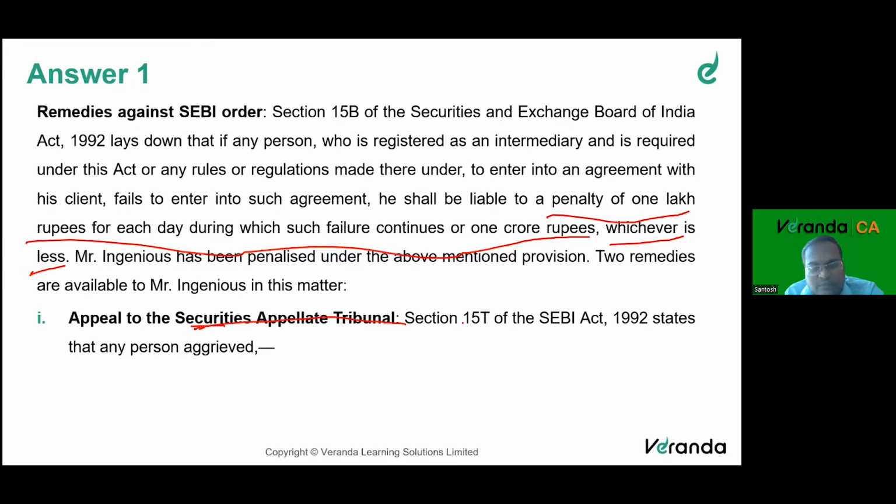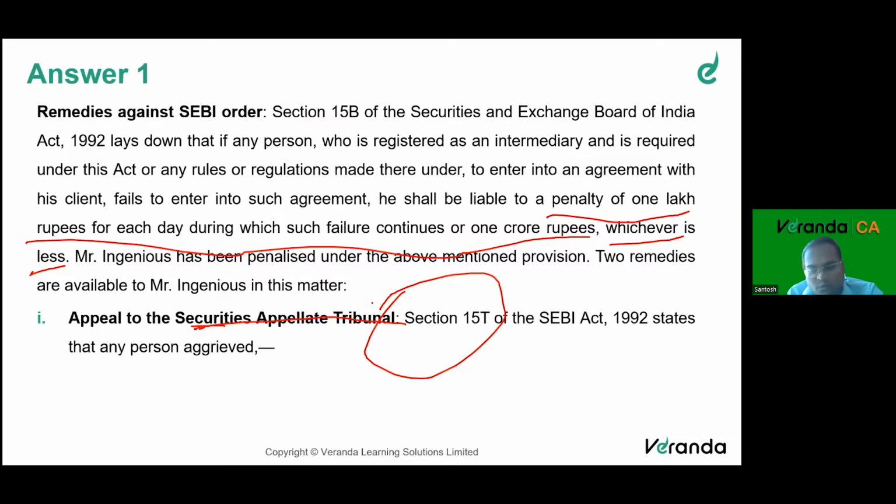Now, where is this particular remedy given? It is given under section 15T of the SEBI Act, whereas section 15B gives the penalties that are available. Section 15T gives the various appeals that can be made to the Securities Appellate Tribunal.